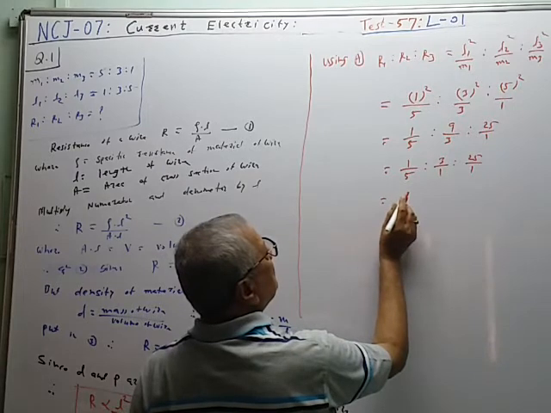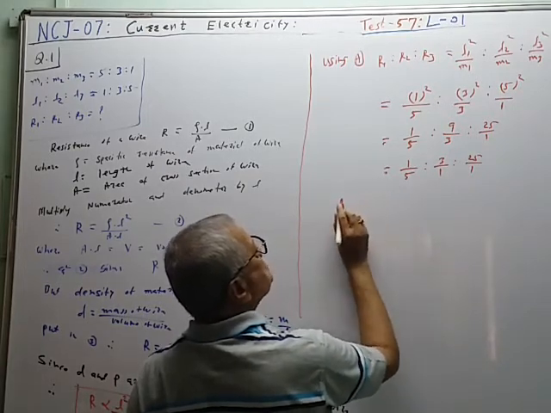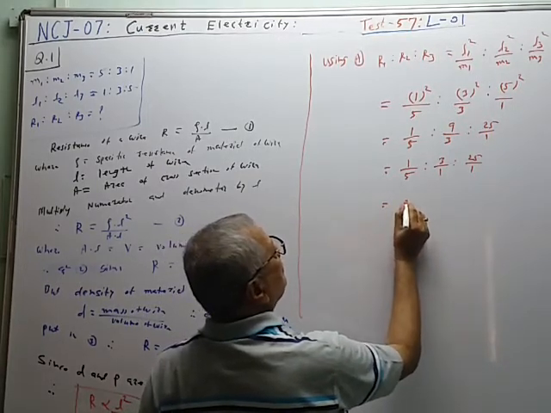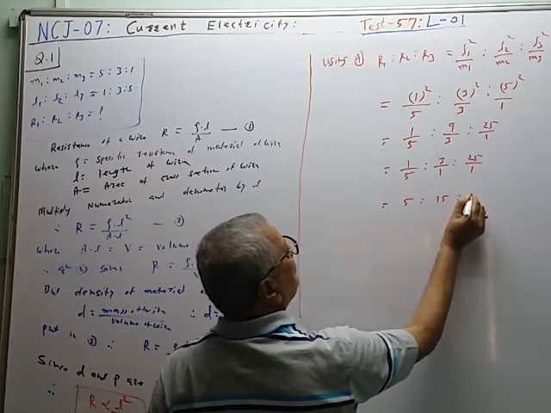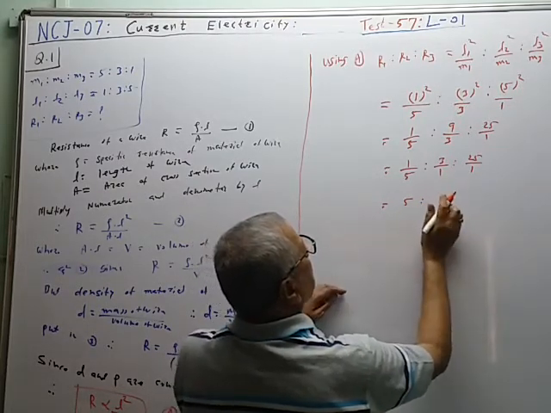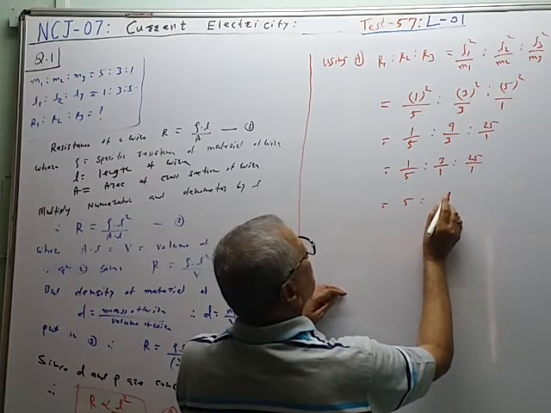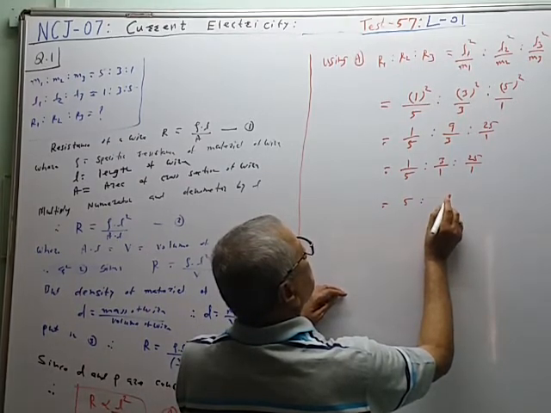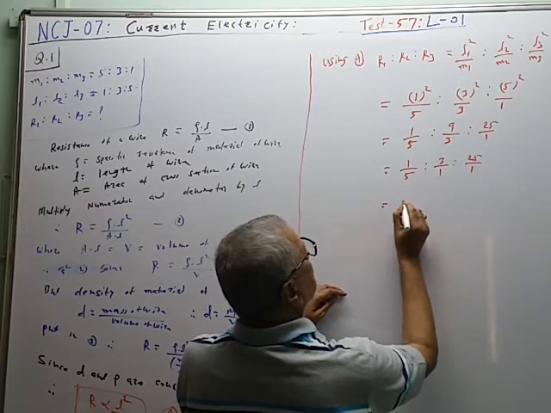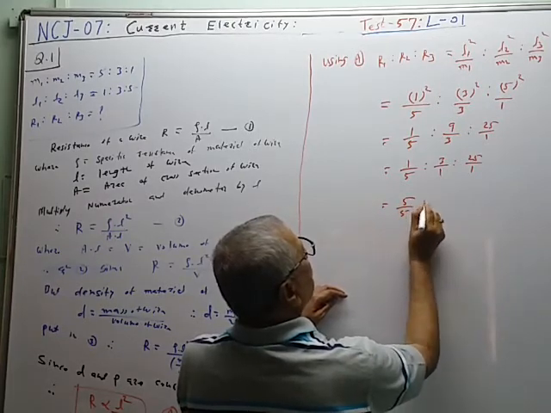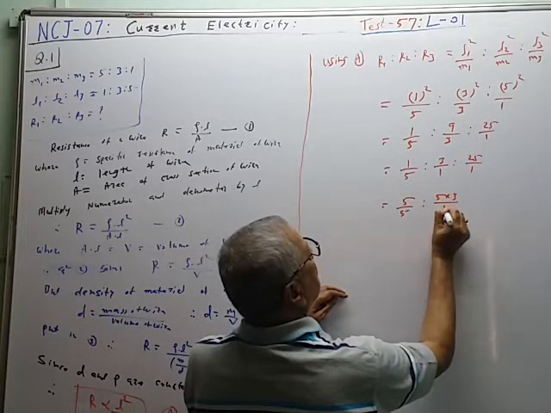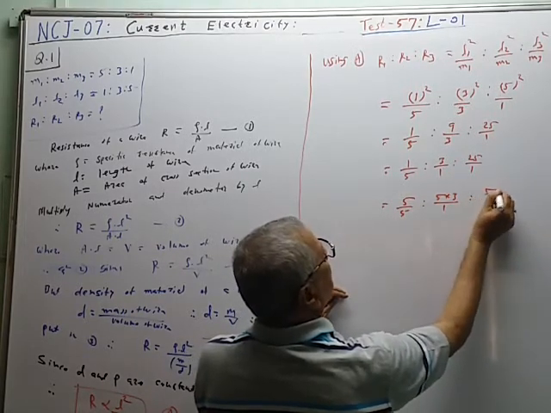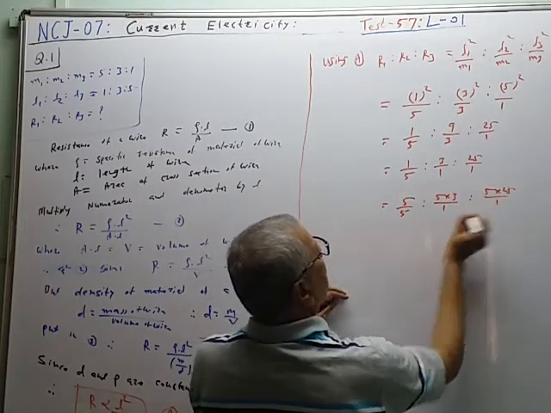So multiply by 5. So this is equal to 5 upon 5 : 5 multiplied by 3 upon 1 : 5 multiplied by 25 upon 1.